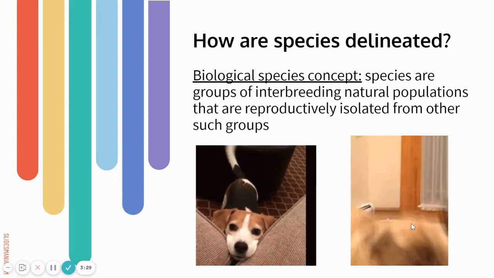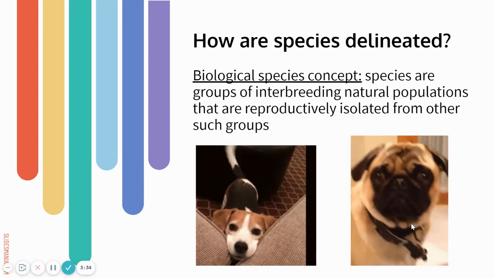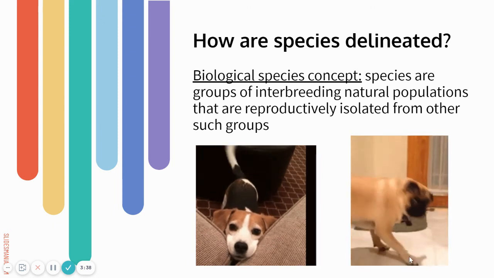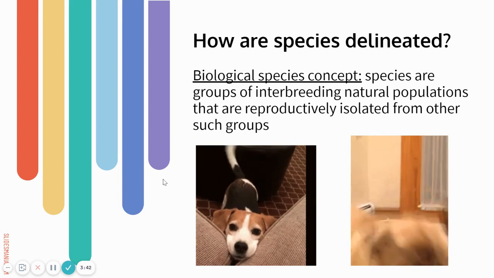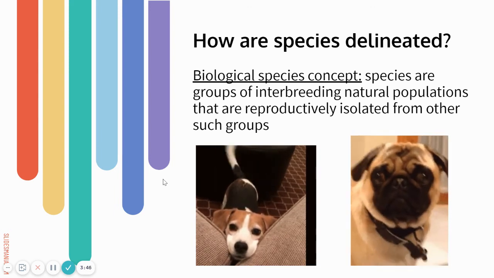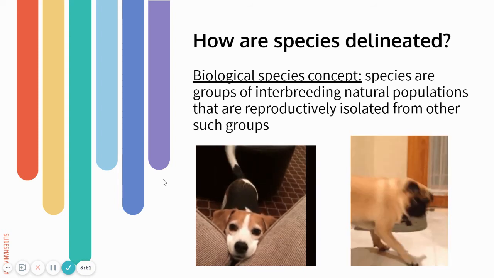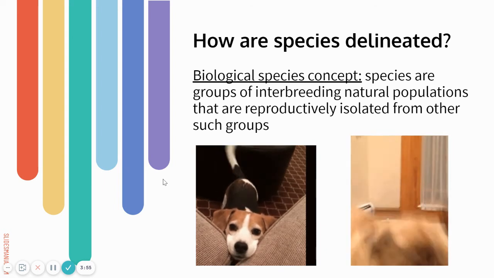With this definition, you could think of organisms that look a little different, like different breeds of dogs, which can produce offspring together. This beagle and this pug would be the same species because they can produce hybrid puggle offspring with one another, whereas a fox and a wolf would be different species because they can't produce healthy, fertile offspring together.